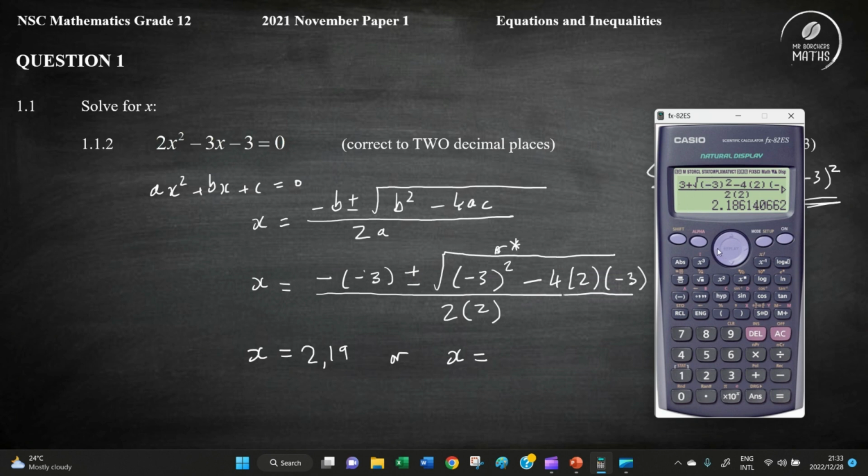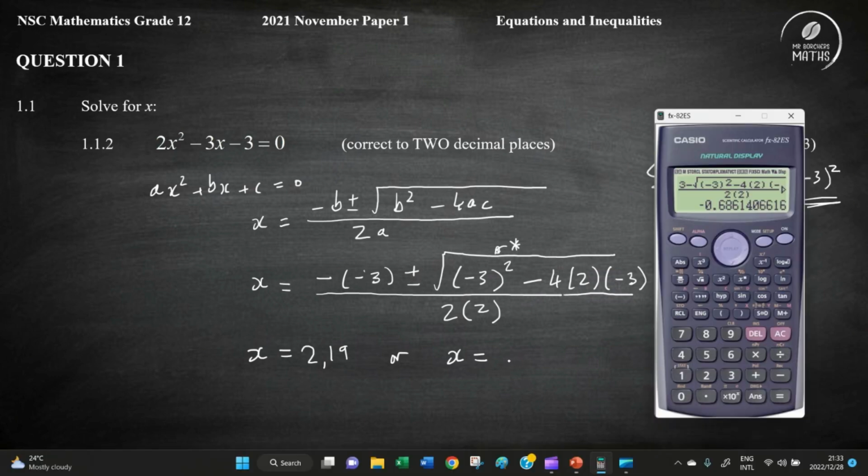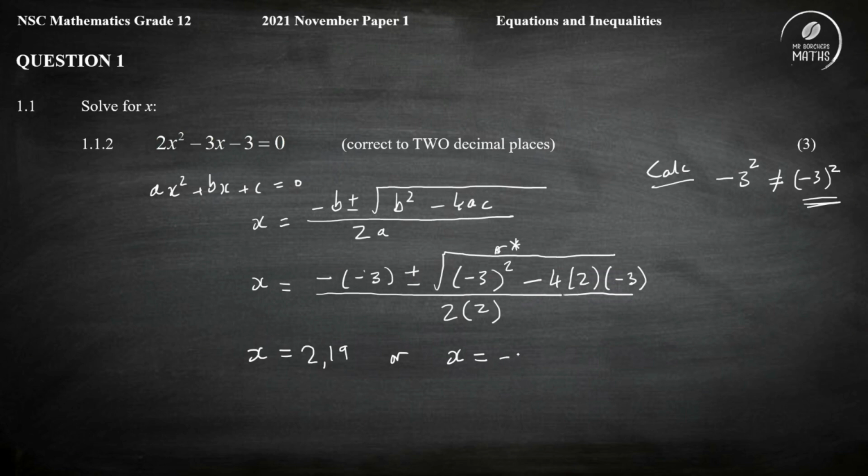So instead of retyping this all into the calculator, let's just click our back button all the way and then change that to a minus sign. And let's click equals here, and changing that into its decimal form, we should get negative 0,69. Okay, and then we have it.